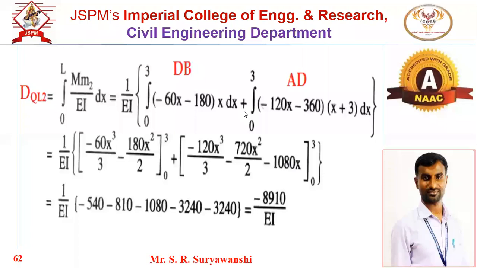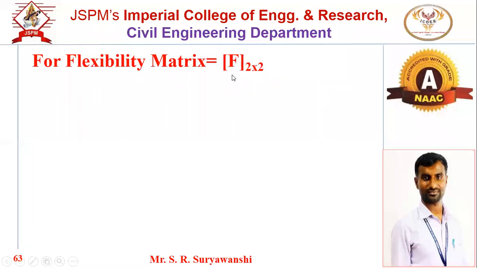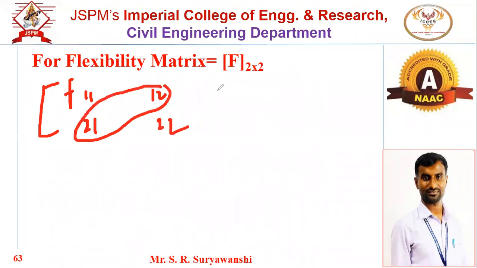Now next, it is the flexibility matrix. For the flexibility matrix, we know it has four different elements, F11, F12, F21, F22, and these two are the same. Means we have to find out three elements only, 11, 12, and 22. And the formula is summation for all the zones.